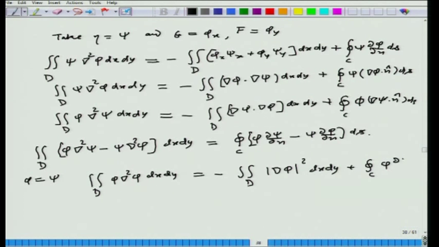So, there are various forms of identities obtained like this, and by proper choice of f and g we can see various forms of Green's identities.